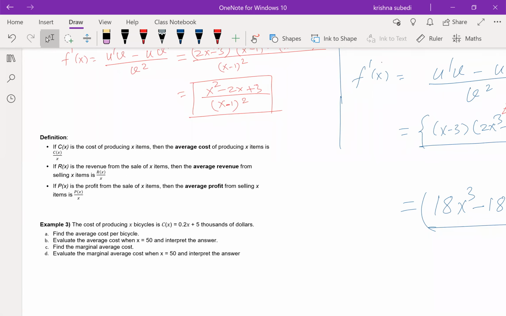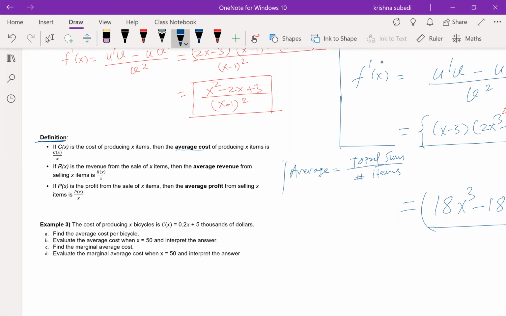So here, let us define a few terms from economics. If C of x is the cost of producing x items, then the average cost of producing x items is, average means total cost divided by number of items, right? We know from elementary school that average is always the total sum divided by the total number of items.